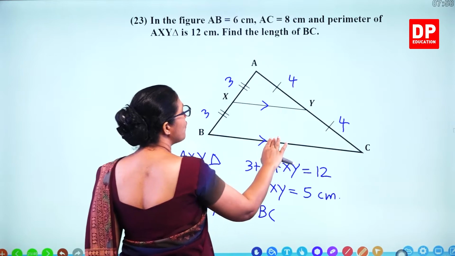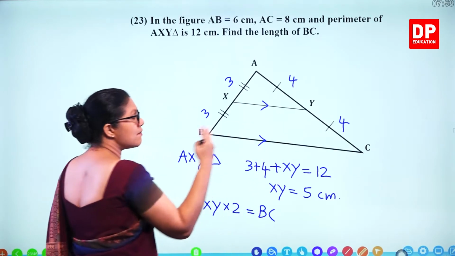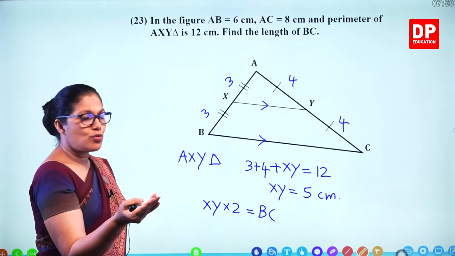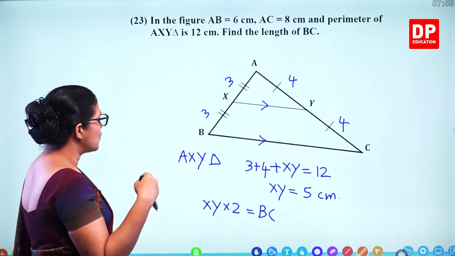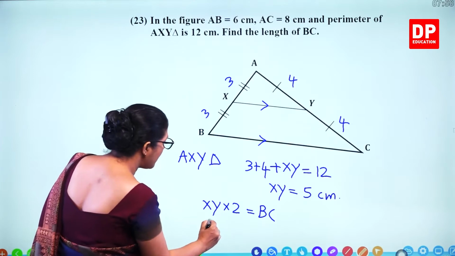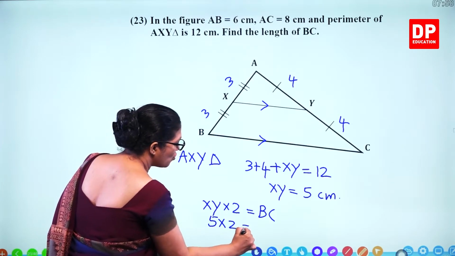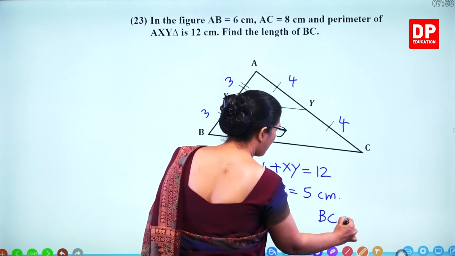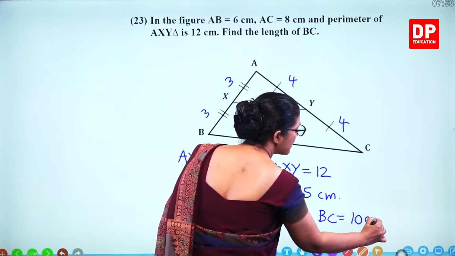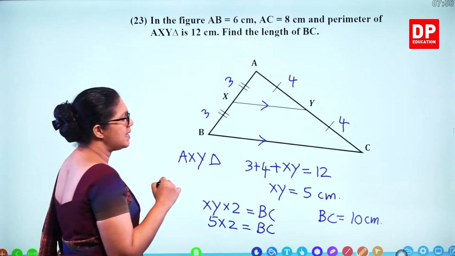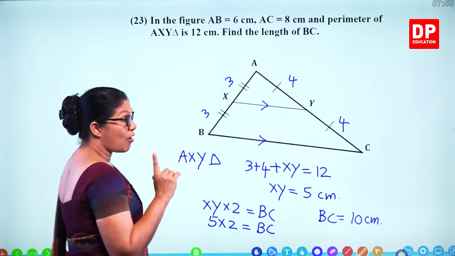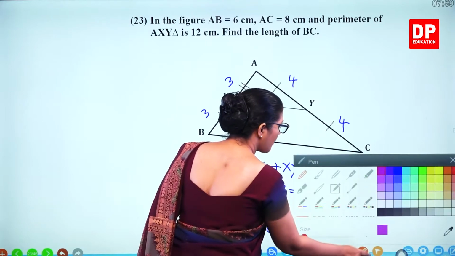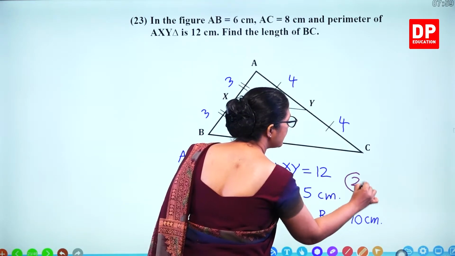So half of it, BC divided by 2 becomes XY, or XY multiplied by 2 gives BC. So XY we found 5. 5 times 2 is the BC length. So what's BC? 5 times 2, that's 10 centimeters. So according to midpoint theorem. So 2 marks for that.